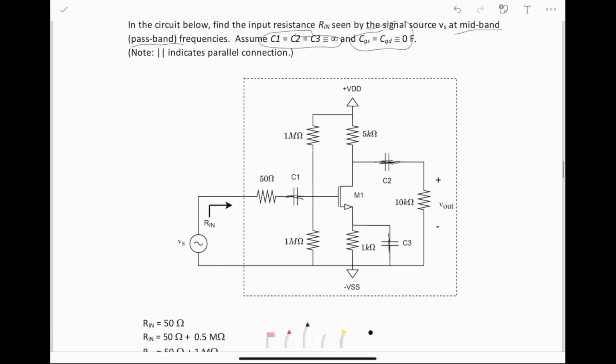So, now that we know that, all we need to find is the input resistance seen at the signal source, which is right here, which means we can just draw that left half of our pi model, and we should have the answer. So if we start drawing it, we see that we have a 50 ohm series resistor.